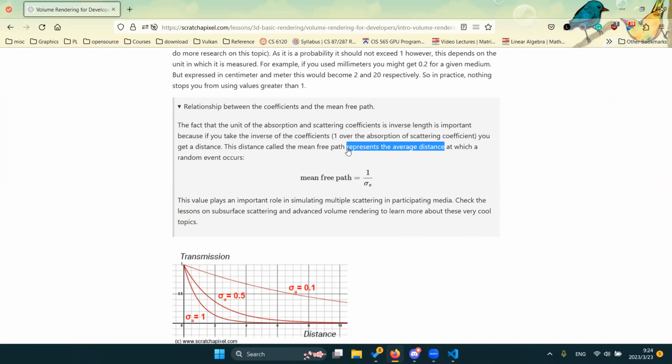I'd heard about this before, but having the inverse length as the unit makes a lot of sense. I feel like some math gets glossed over, like why this is the average, but I guess because this is a side note they just don't bother to explain that.